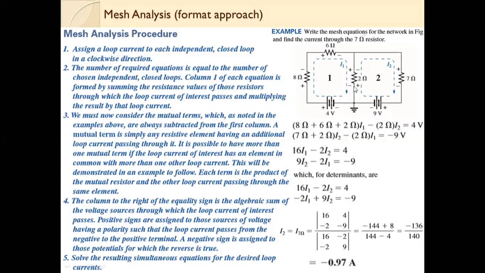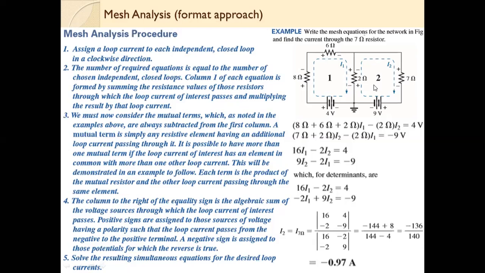So if you want to find the current in the 2 ohm resistance, that is in the mutual term, you will find I1, then you will find I2, and then you will subtract both of the currents from each other, and the resultant would be the value of current in the 2 ohm resistance.